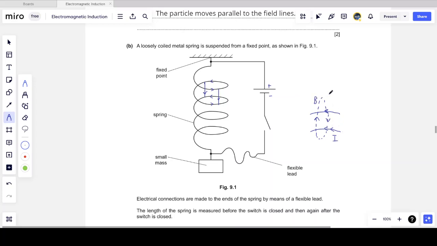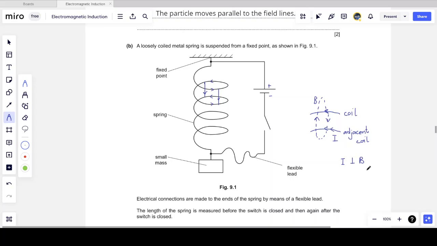So the field is B, the current is I, and these are two adjacent coils. Immediately I can see that the current is perpendicular to the field, since the field is looping around and the current is moving at right angles to the field at any point.